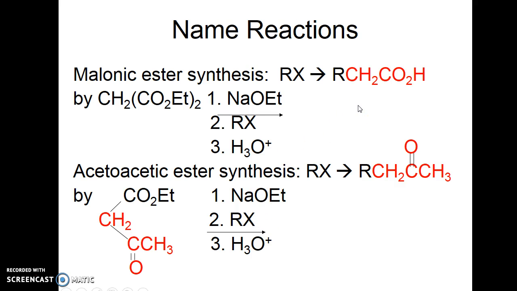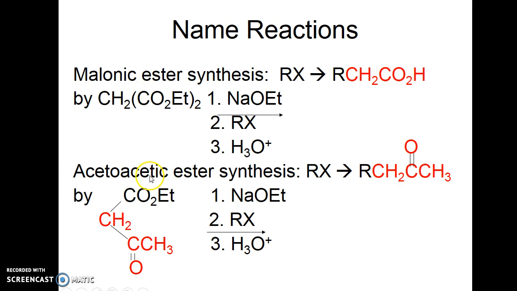We have two name reactions that use this principle. There's the malonic ester synthesis. Malonic acid is basically 1,3 propanoic acid, propanedioic acid. In the malonic ester synthesis, we take the ester of it and we alkylate and then decarboxylate.